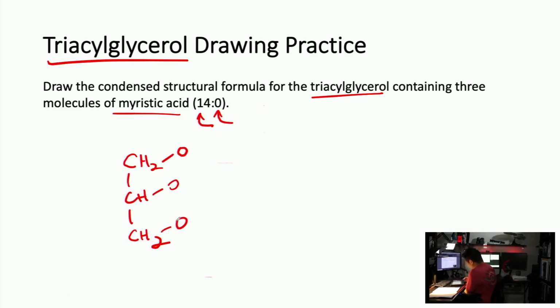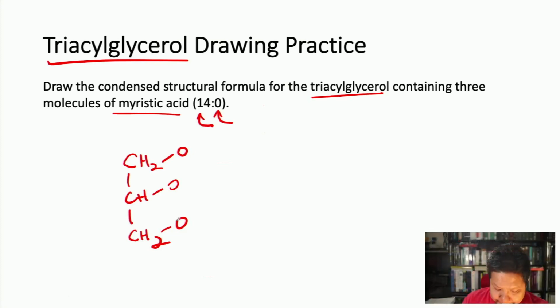By the way, if it was just glycerol and we weren't drawing the fatty acid part of it, there would be an H at the end of the glycerols, and there would be H's here, right? So this is glycerol by itself, just so you know.